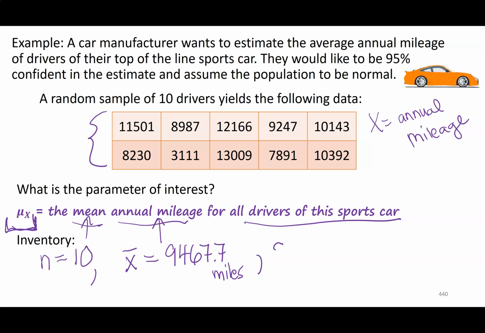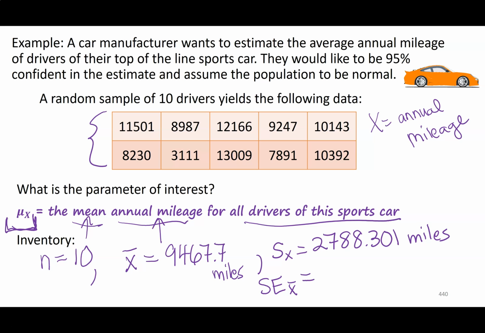And then my standard deviation, I am not calculating this in my head. I threw this into a calculator. I encourage you to. It's going to be 2,788.301 miles. And then you can calculate the standard error of x bar as well.